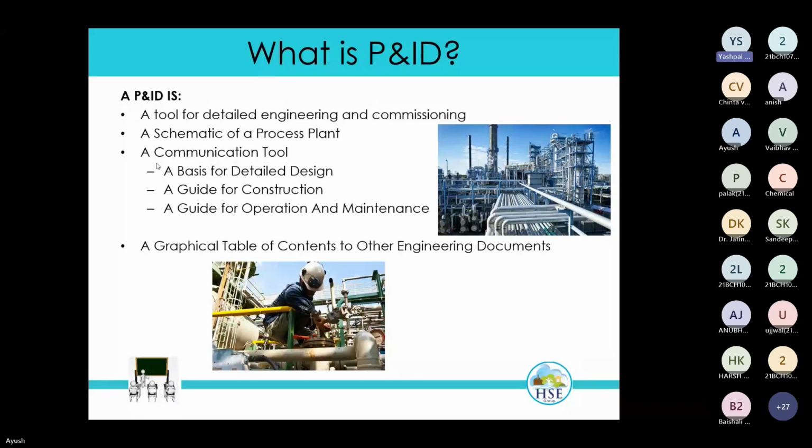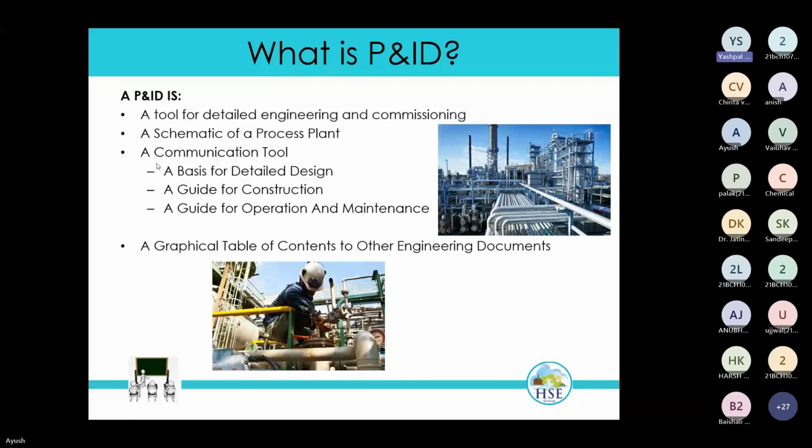So basically P&ID is a tool for detailed engineering and commissioning, a schematic of the process plant. Schematic means the flow of material starting from raw material till finished product, including the instrumentations, the various equipment details, capacity of the equipments, parameters of the equipments. So like that, it's a scheme of the process plant.